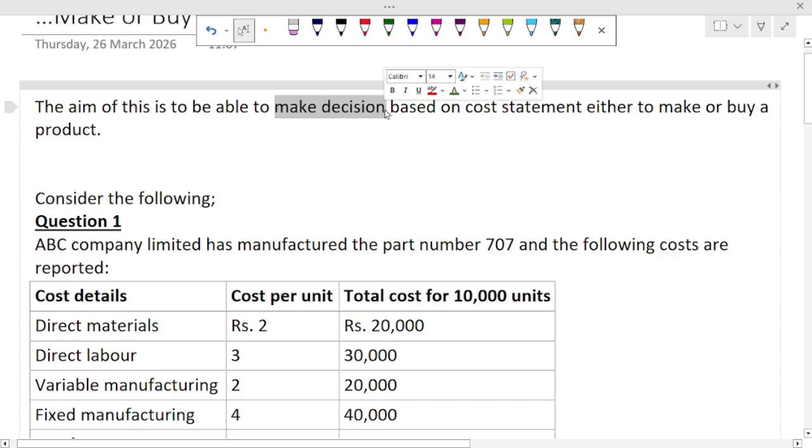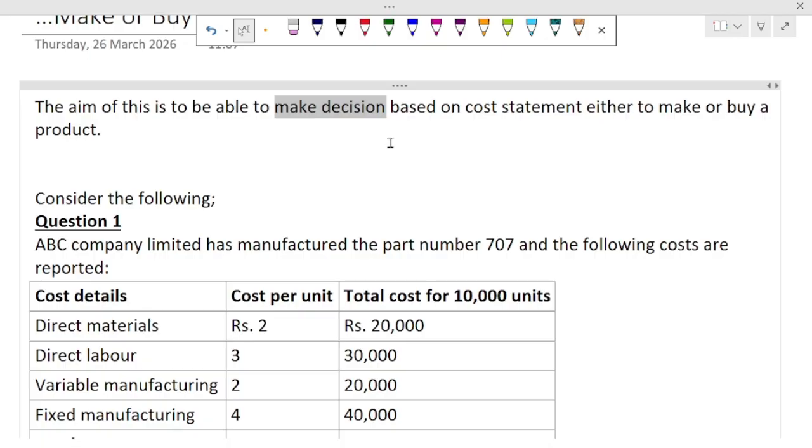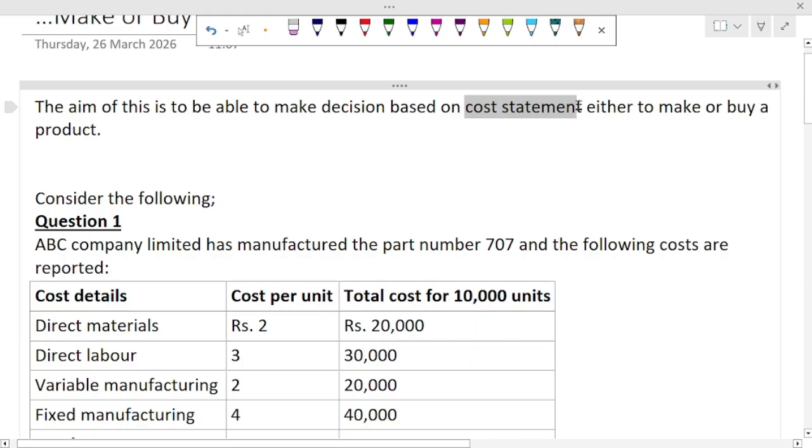In fact, there are two examples in this video, the same as what was done in class. The final answer, the decision, you will see in the final answer. So the aim is to be able to make a decision based on what? Based on the cost statement.